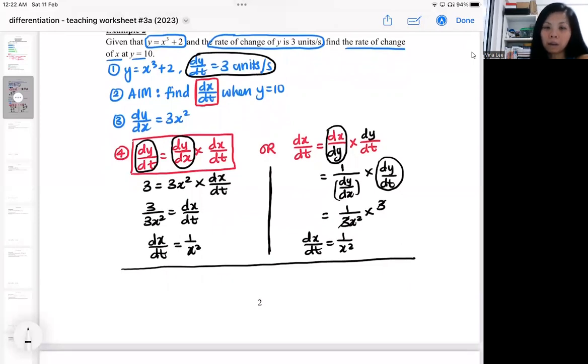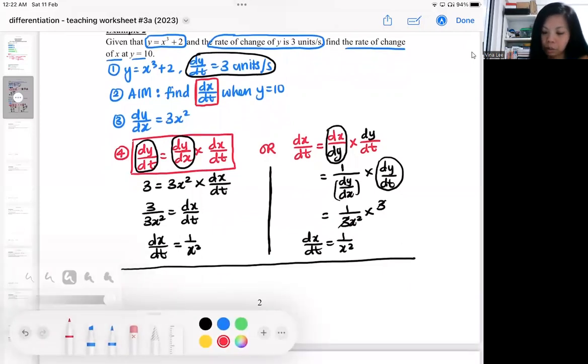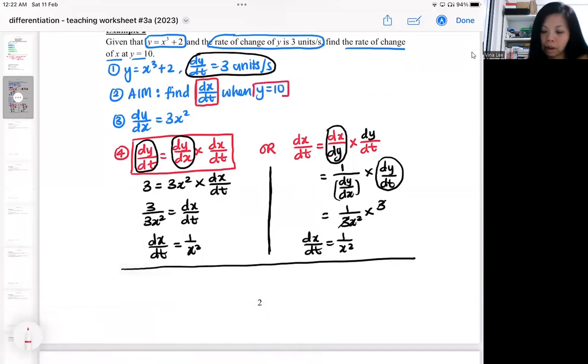Okay, then the last part, I'm supposed to substitute y equal to 10. But I couldn't, because if you look at this formula, the formula needs x. It doesn't need y. So you need to sub x, but you are not given x. So in this case, you find the corresponding x. You use this relationship. The equation is a relationship.